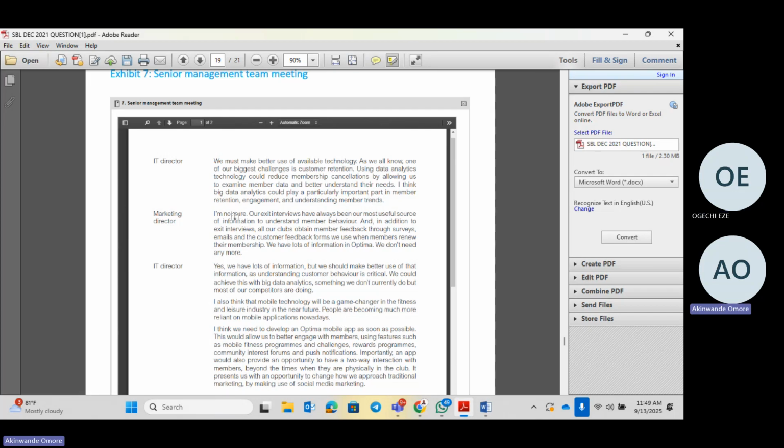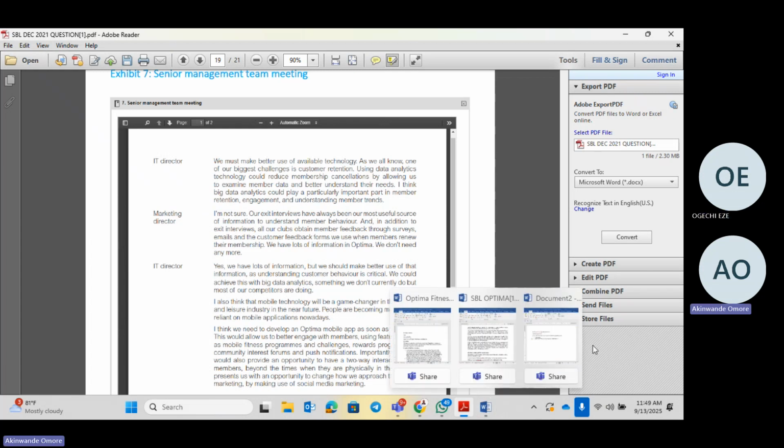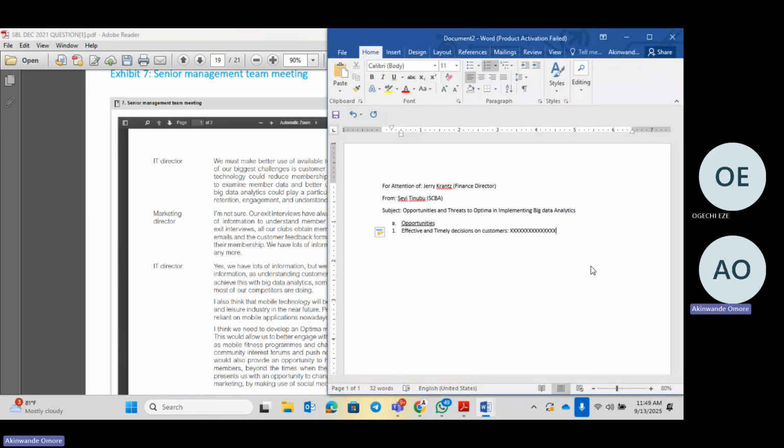So the next paragraph: the marketing director says, I'm not sure. Interviews have always been our most useful source of information to understand members. I've seen my point here now. What do you see? For opportunities, what do you see?